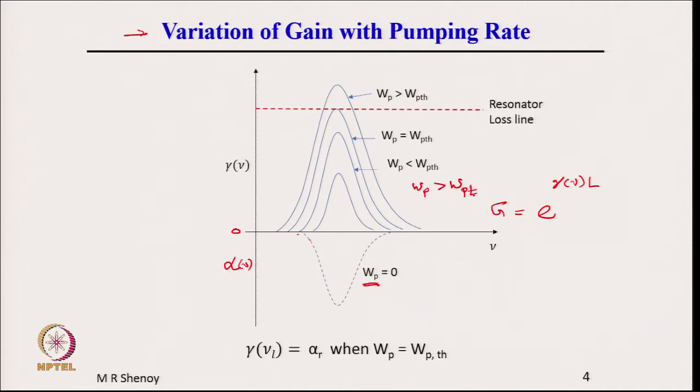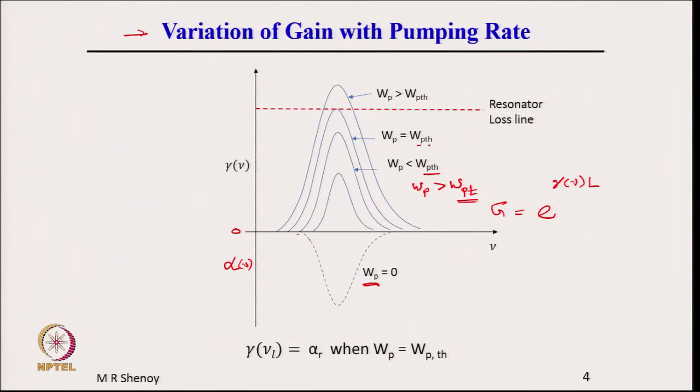Wpt here is the threshold pumping rate for amplification. So, there is a clear distinction. One, Wpt is the threshold pumping rate for amplification.